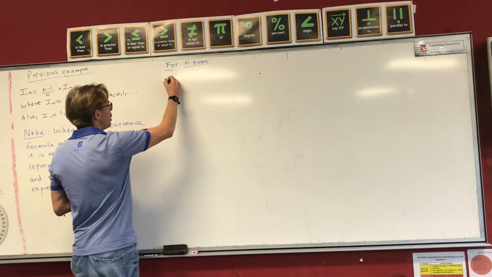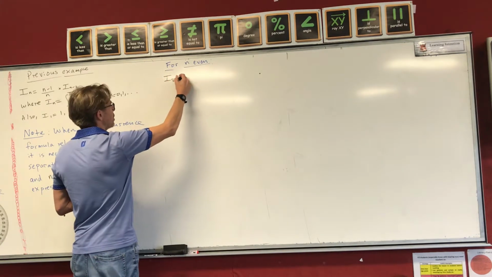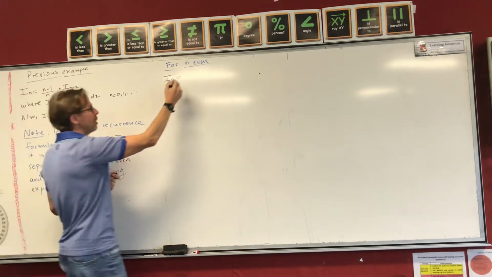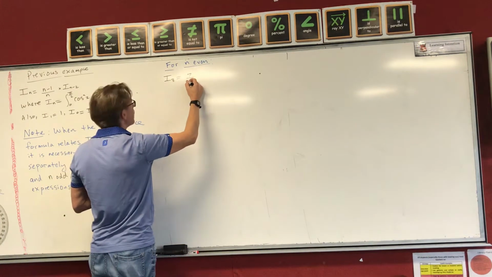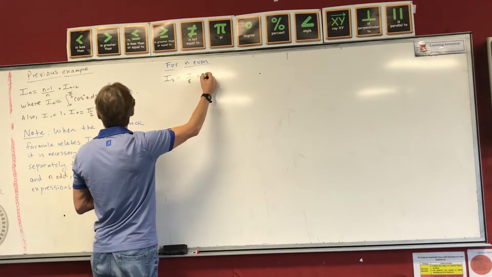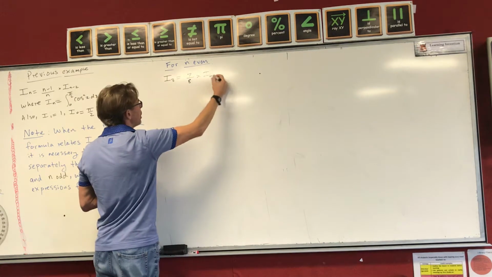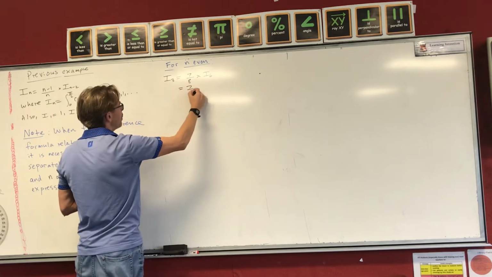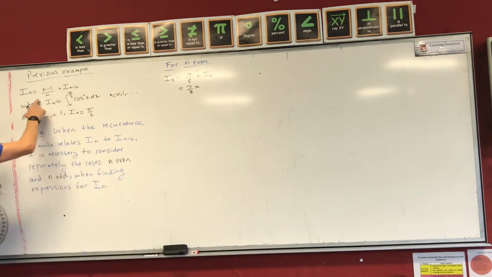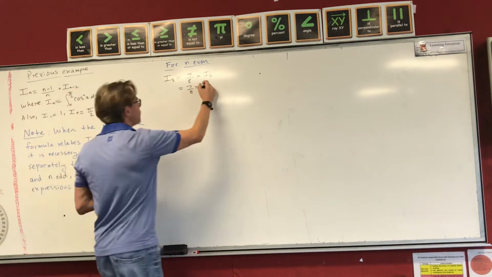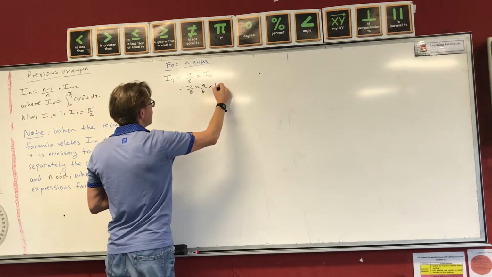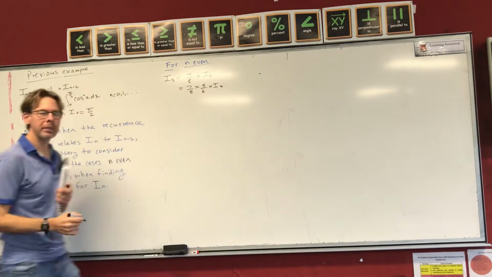So let's just say we had I8. Well, if I use my formula here for I8, I'll get 8 minus 1 is 7 over 8 times I6. Now, I6, put a 6 in there, I'm going to get 5 over 6 multiplied by I4.